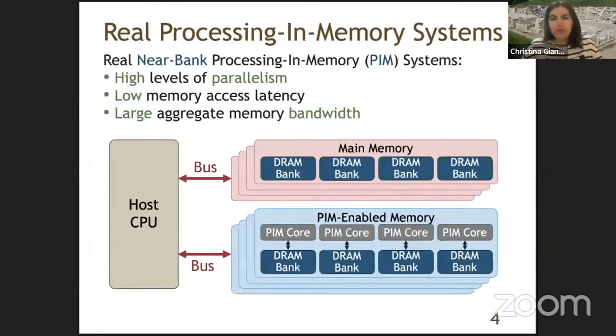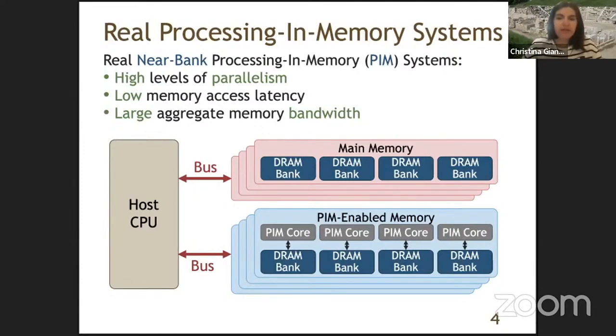At the same time, several manufacturers have started to commercialize near-bank processing in memory, or PIM, systems. A PIM system consists of multiple PIM-enabled memory modules connected to a host CPU via common channel-based connections. Each PIM-enabled module supports several PIM cores, and each PIM core is located close to a DRAM bank.